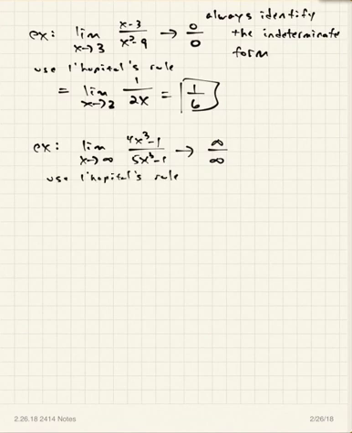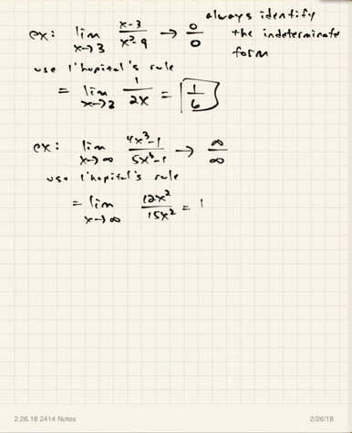When I use L'Hopital's rule, this limit should be equal to 12x squared over 15x squared, the derivative of the numerator over the derivative of the denominator. And sure enough, you can divide out the x squareds now, and you've got 12/15.